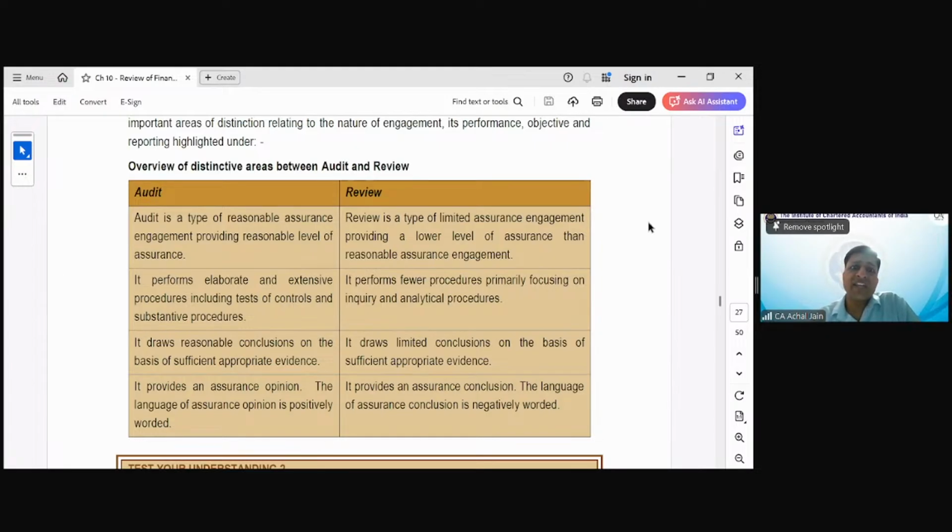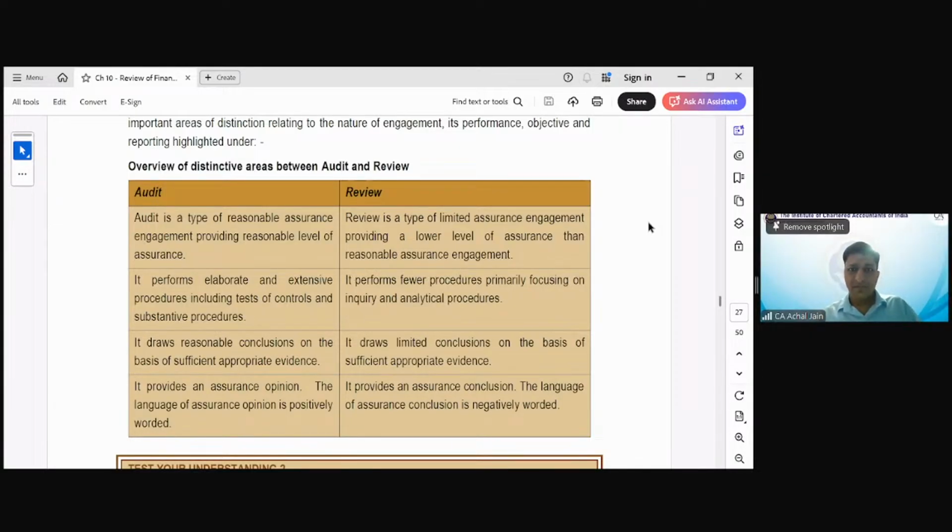If that particular provision or law requires that whoever is the practitioner, statutory auditor or otherwise, and whatever be the report, this needs to be reported upon, then of course the review report will have to have a section on that. Maybe you can just revisit that section, so you'll get to understand it. Clear? So that requirement will come from the law, not from the auditing standard.